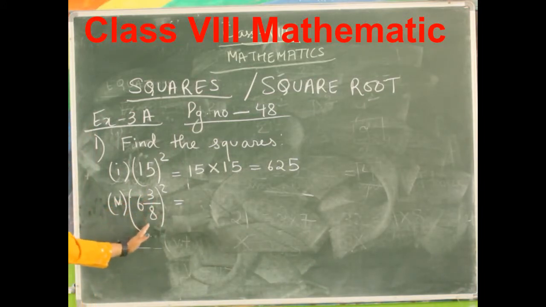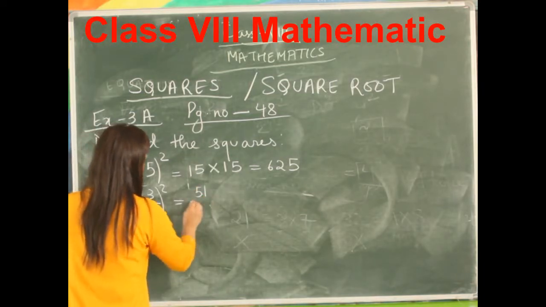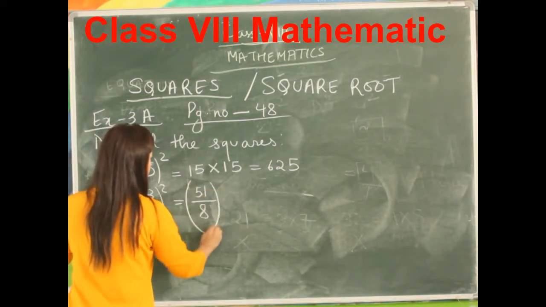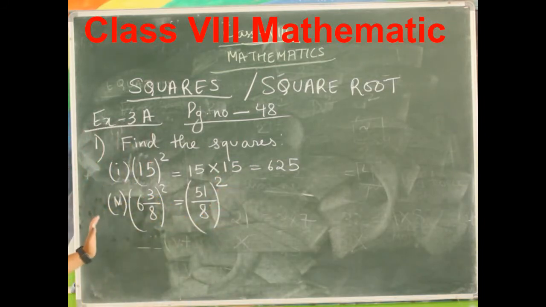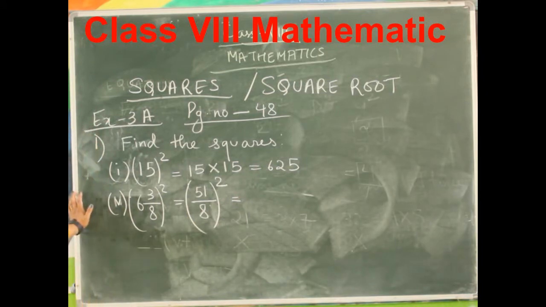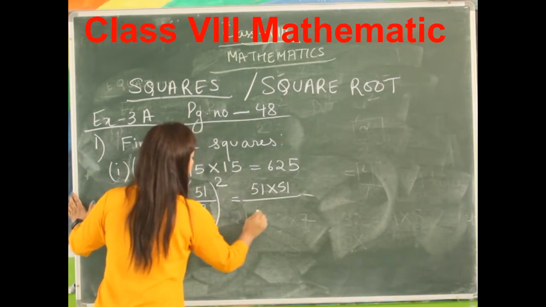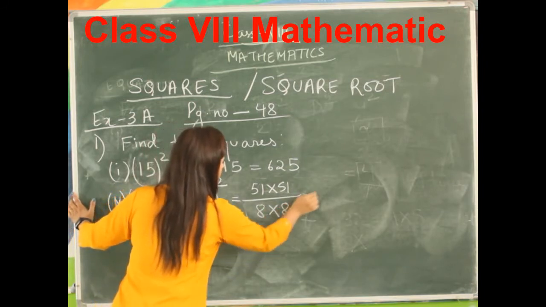You can see it very well. Now this mixed fraction has to be first converted to the what? Improper fraction. And you know the process. So 6 multiplied with 8 is 48, plus 3, we get 51 upon 8 goes to the power 2. And when you multiply this, what do we get? Which is 51 into 51 upon 8 into 8.